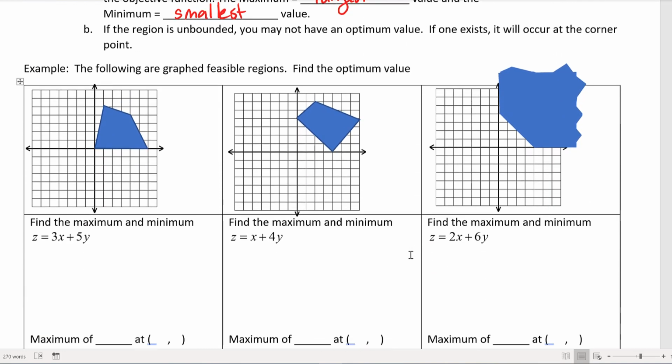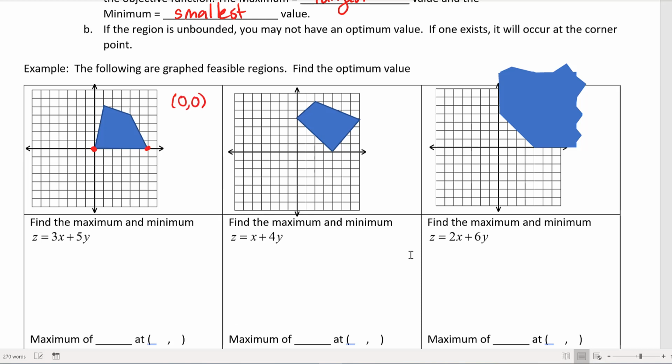So here's an example for you. The first one is a bounded region, and we're trying to find the optimum value. This is already graphed for us, so steps 1, 2, and 3 are all done. What we're trying to do now is step 4, identify all the corner points. I see a corner point right here at 0, 0.